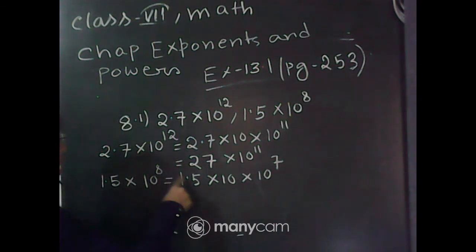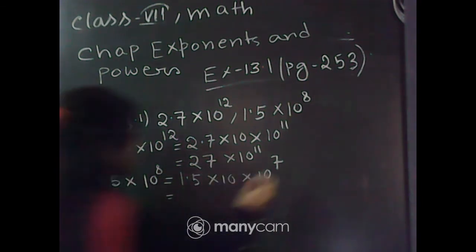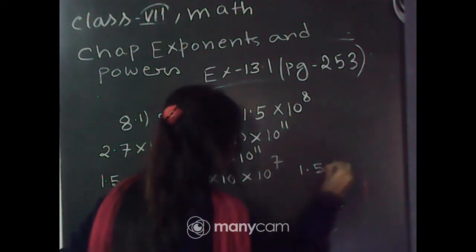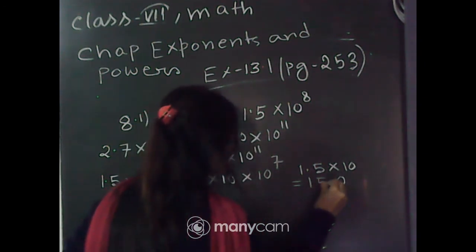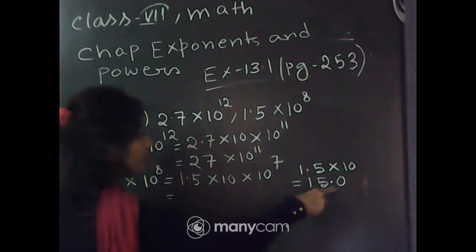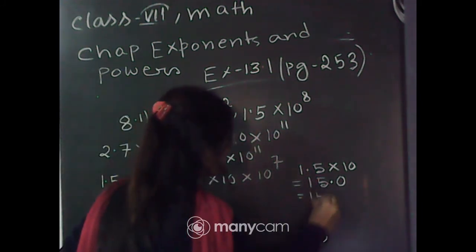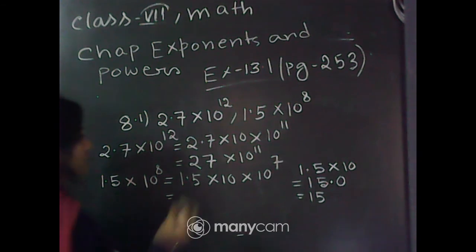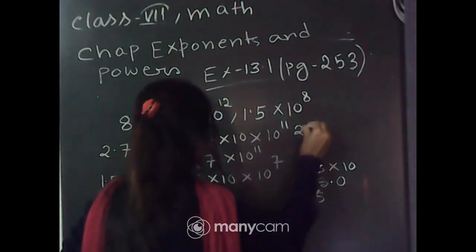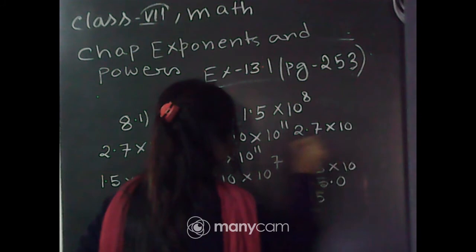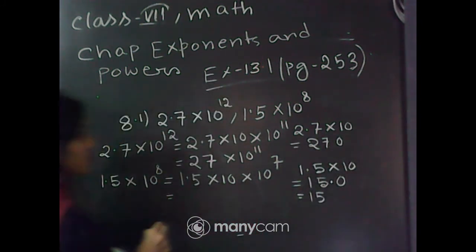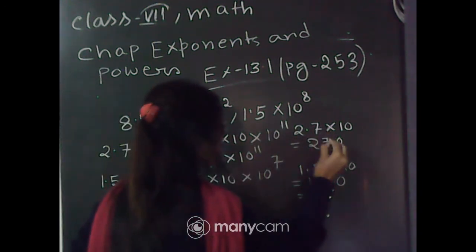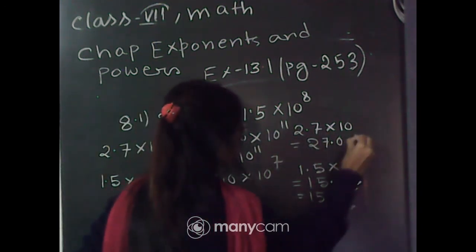Okay. And 1.5 into 10 is equal to 150, and the decimal point is here. So this is equal to 15, isn't it? And similarly 2.7 into 10 is equal to 270, and the decimal point is here, and this is equal to 27.